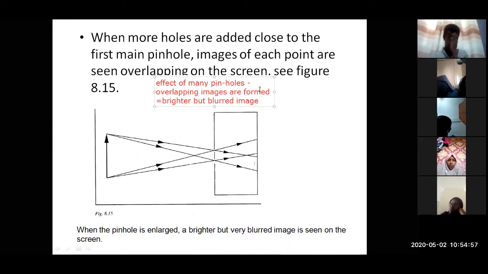So the many overlapping images are just the same as a brighter but blurred image.